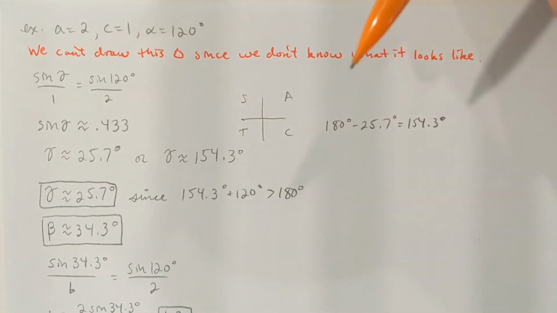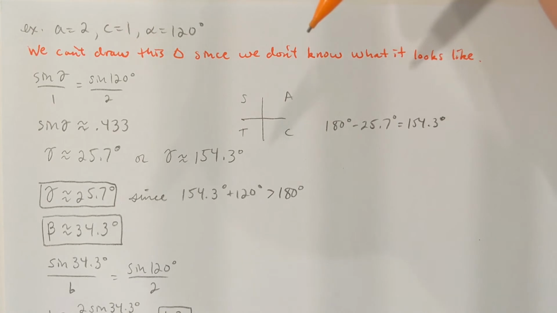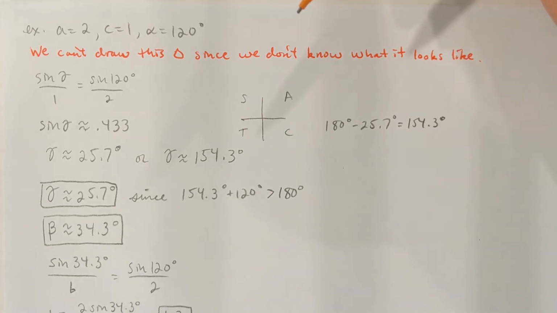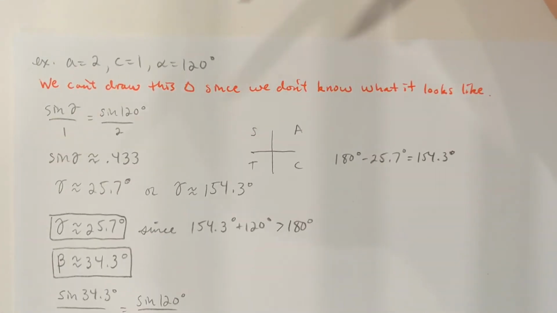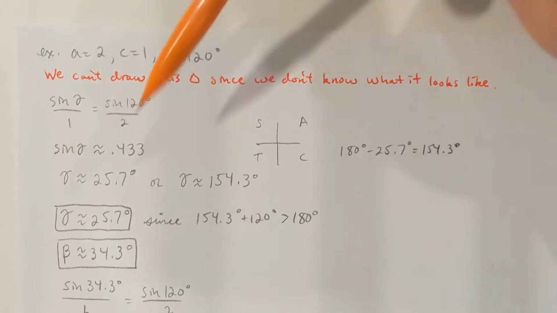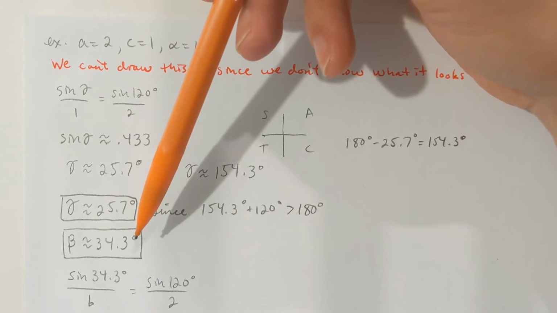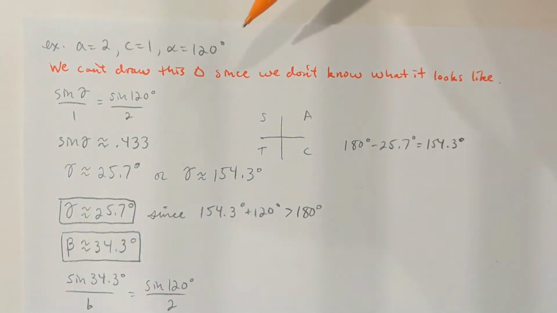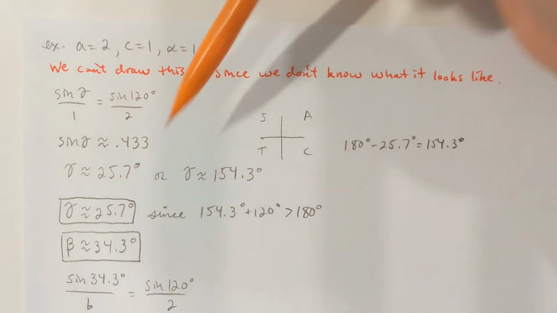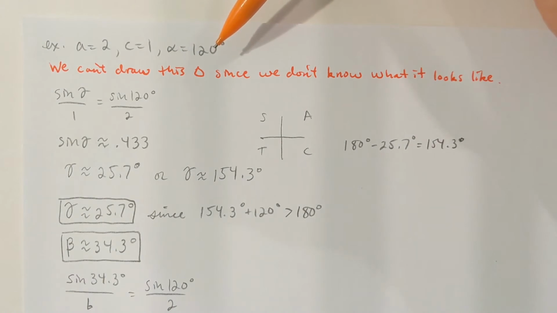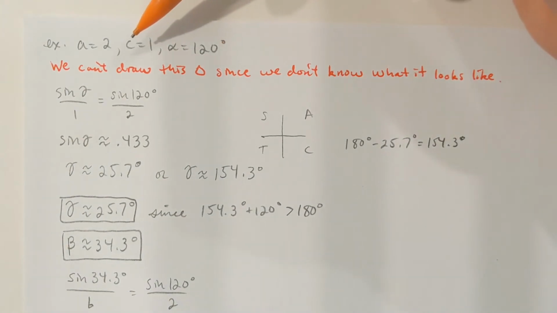In the next problem, we'll see a situation where there are 2 solutions. So alpha is 120 degrees, gamma is 25.7 degrees, beta would be 34.3 degrees then. If I add all 3 of these together, I'll get 180 degrees. And so all that we have to do now is find b.